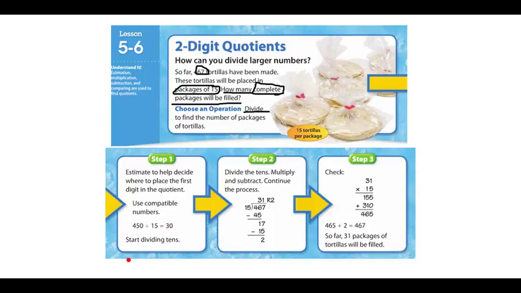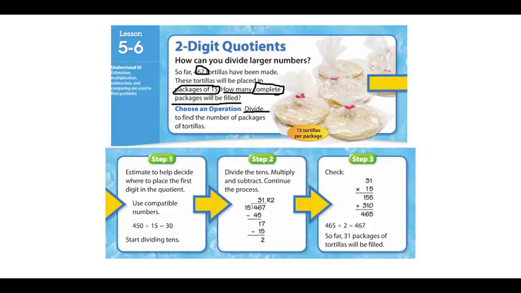It says start dividing the tens, meaning in 467, there will not be a digit in the ones place. We need to start in the tens place. Plus, our objective said we're going to have two-digit quotients. They've done that here for you.